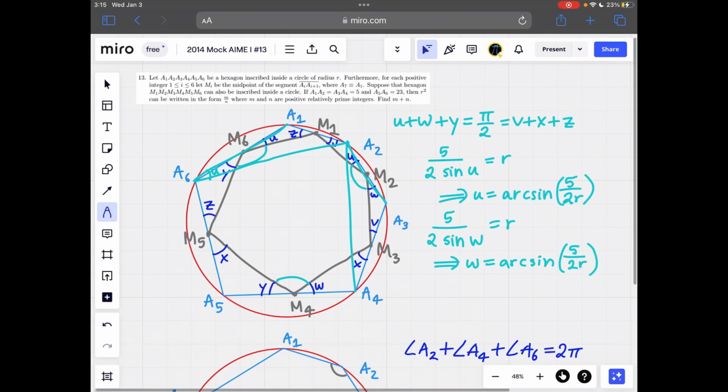And now for the final one, we have that A5, A4, A6 is equal to Y by using the midline once again.